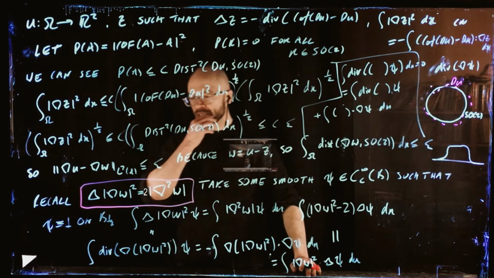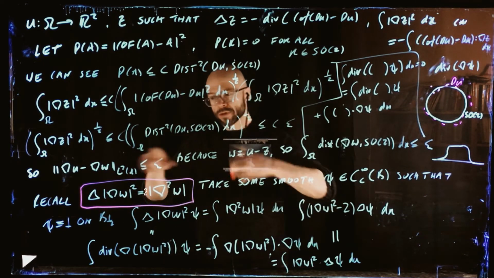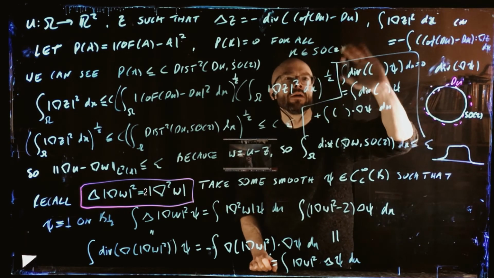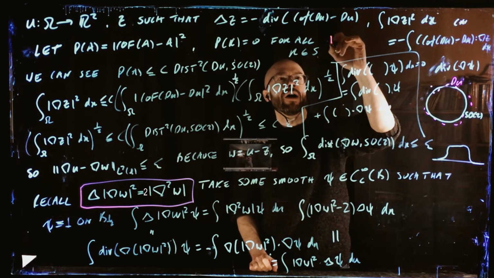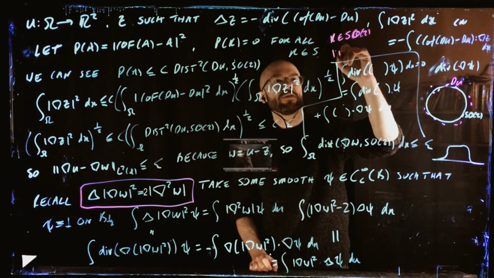Well, if W is exactly in the space of rotations, what is this thing right here? It's a constant. It's not 0. So the gradient's in the space of rotations, right? So this is just the norm of the gradient squared. If it's in the space of rotations, what's the norm of the gradient? So if R belongs to two-dimensional rotations, what is the norm of R?